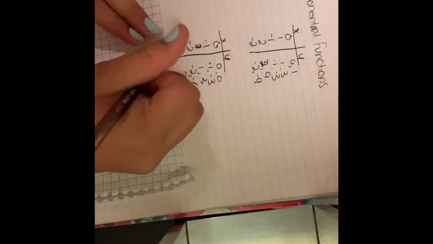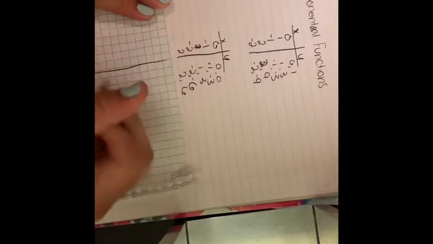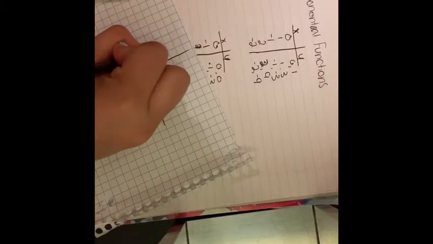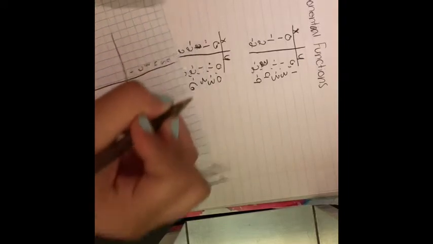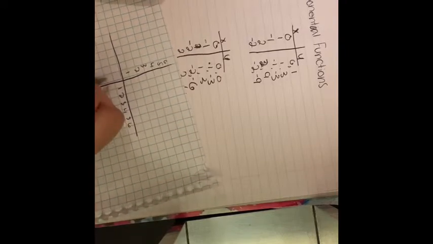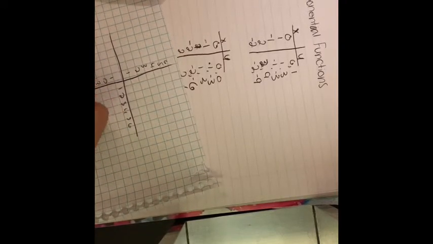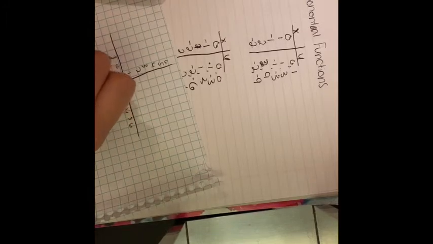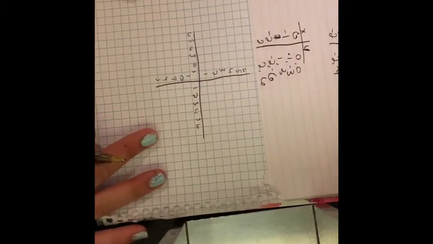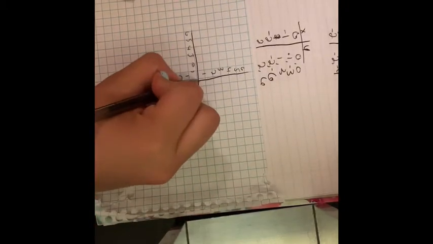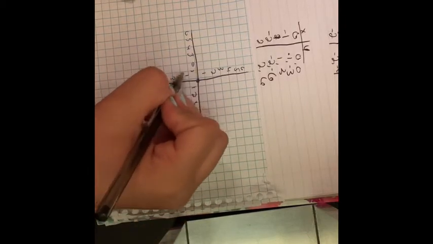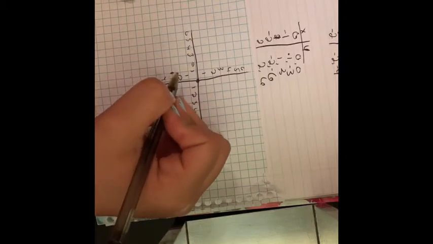So our next one, we're going to graph the same thing. Now we're going to graph this one. We have (0, 0), so it's on the origin. (-1, -3). Then we have (1, 3).